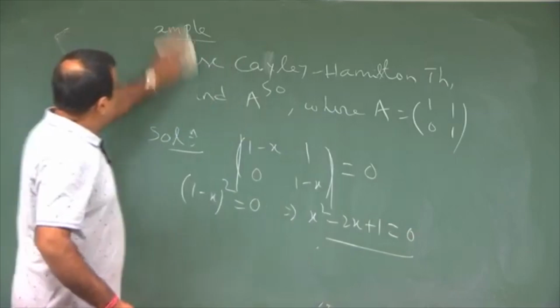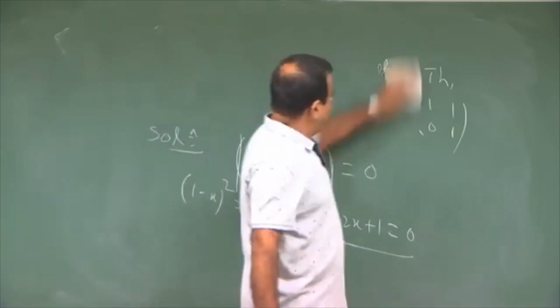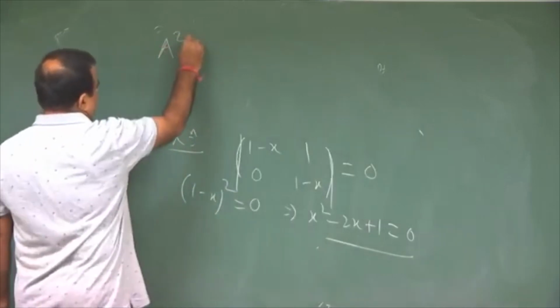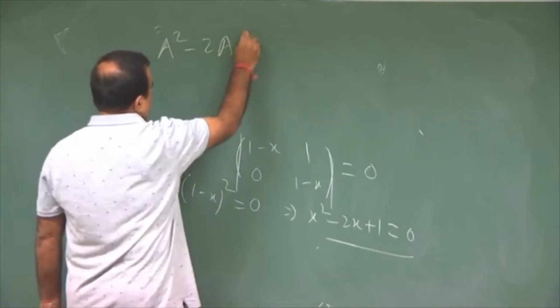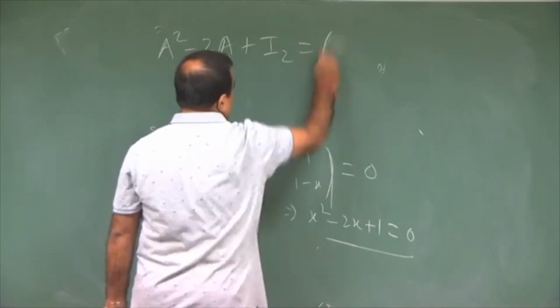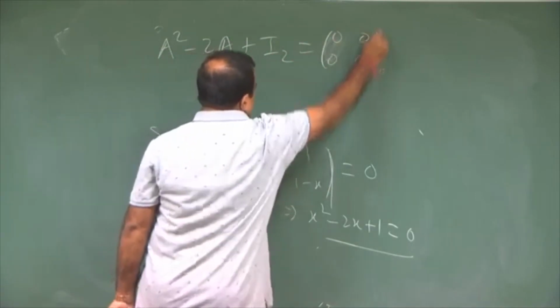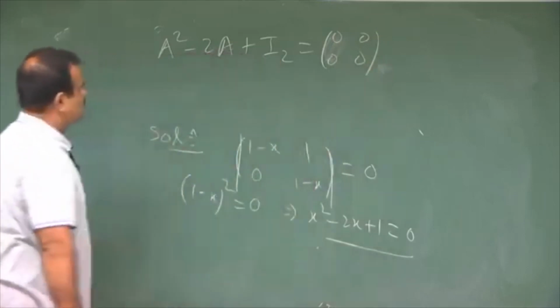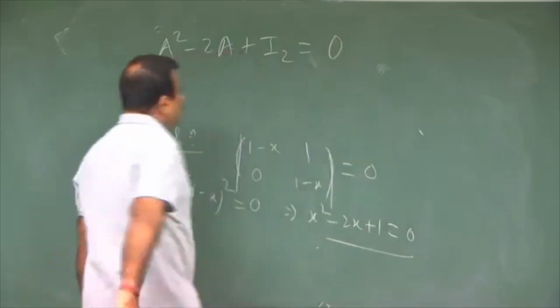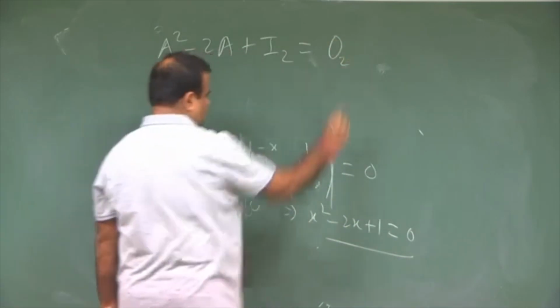So, by Cayley-Hamilton theorem, A must satisfy this. So, we must have A square minus 2A plus identity is equal to the 0 matrix, 0 0 0 0. So, you simply write 2 by 2 0 matrix.